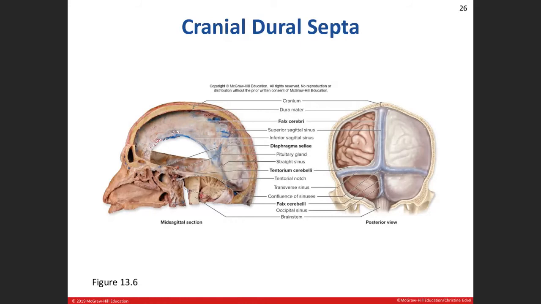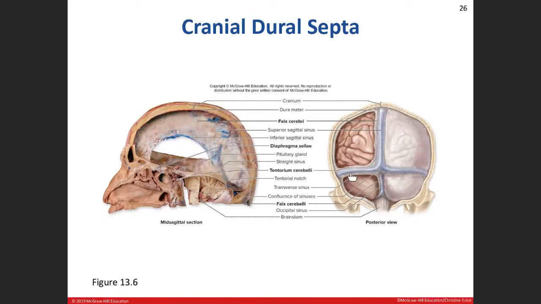Here are your transverse sinuses right here on the sides. You can see here's the cerebrum, here's the cerebellum. Here's the cerebellum in the sagittal cut, and we don't see the cerebrum up here because we took it out. But the tentorium cerebelli is right here. It separates the cerebrum, specifically the temporal lobes and the occipital lobe, from the cerebellum down here.